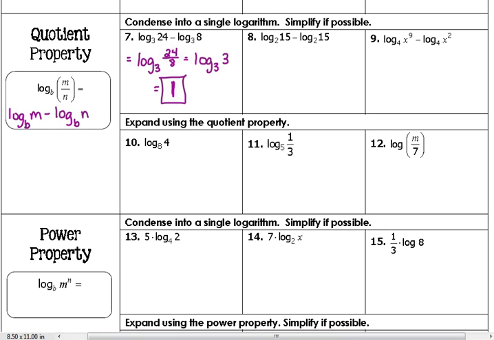Okay, let's look at number 8. Log base 2 of 15 minus log base 2 of 15. Now, does that look weird to anybody else? What do you think the answer to that is? 0. You're subtracting something from itself. It's 0.